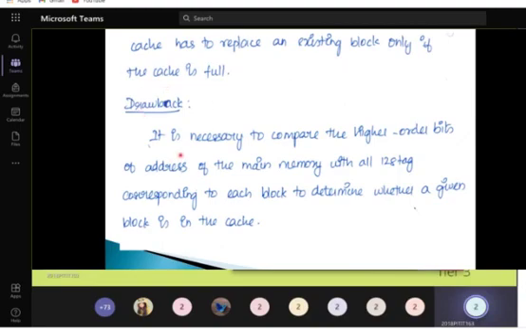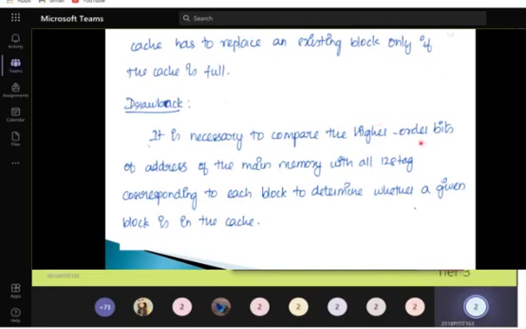So what is the drawback of this? We need to know the drawback. It is necessary to compare the higher order bits of the main memory address with all 128 tags. Then only can we find out which block of main memory is to be placed in which block of cache.